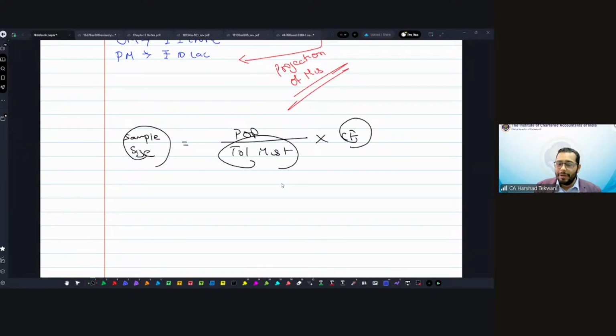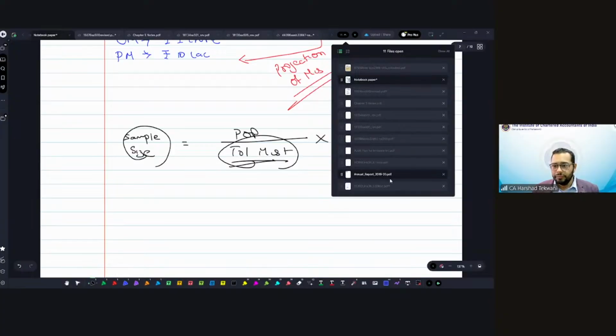Now, if your tolerable misstatement, that is something you are expecting, is wrong, you got more misstatement, then you need to change this figure. The moment you change this figure, your entire calculation will change. This is a very simplified version I'm just discussing over here. Now this was projection plus tolerable misstatement. We understood key terms over here.